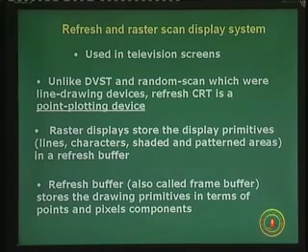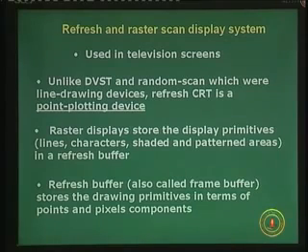The refresh buffer is also called the frame buffer. It stores the drawing primitives in terms of points and pixel components. In the random scan, we were storing line commands to draw pictures and characters, and even curved objects were made up of lines.